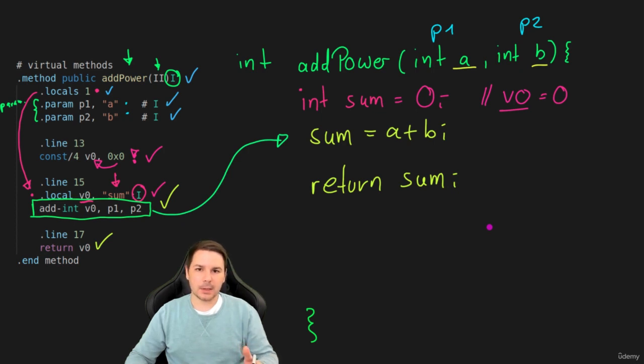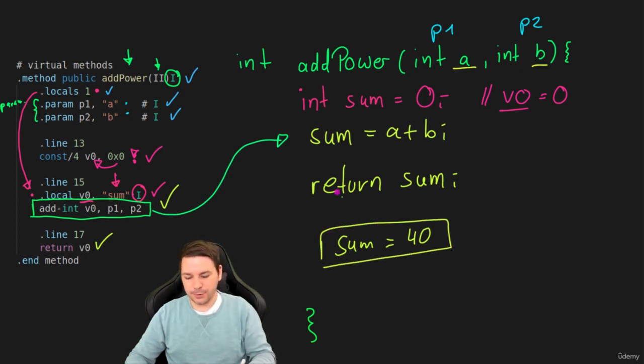We are more interested in which register is holding which value, because we want to patch some values to improve our power level, improve our gold, items, and things like this. And this needs to be done on register level. So we cannot simply say sum is now equal to 40. So it's not working in this way. Therefore, we have to go into the Smali code on the left, and then we have to patch the register, which is exactly doing this step within the initialization or something else.